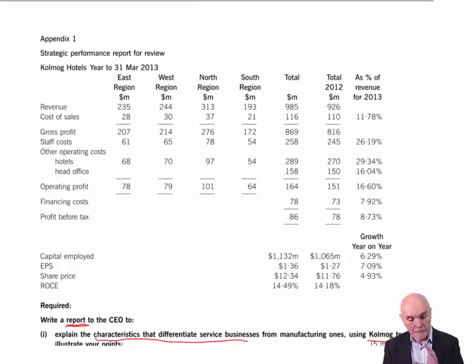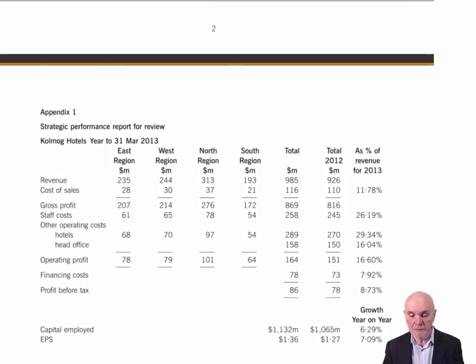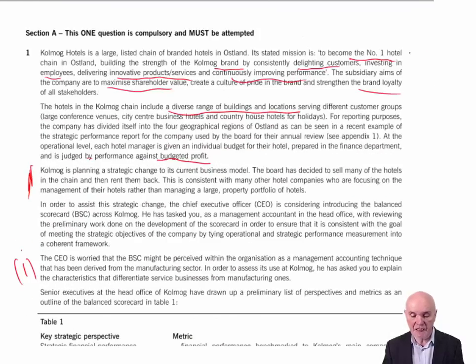Now, the first criticism we can talk about here is what we said right at the start. Why are they giving us the mission statement? Because the mission said that, in a way, good performance is to become the number 1 hotel chain, building the strength of the brand, delighting customers, investing in employees, delivering innovative products and services, continually improving performance.